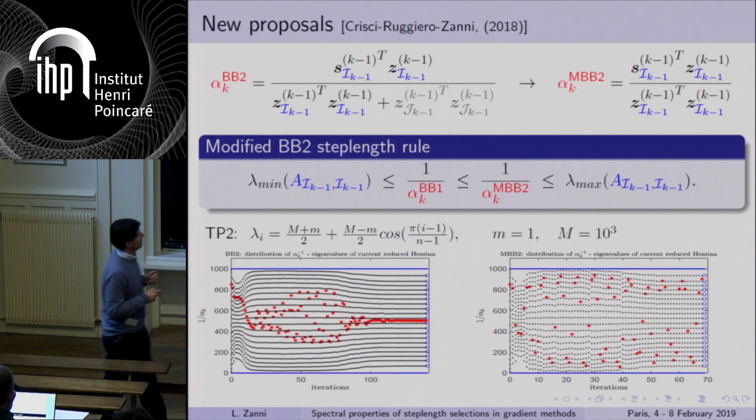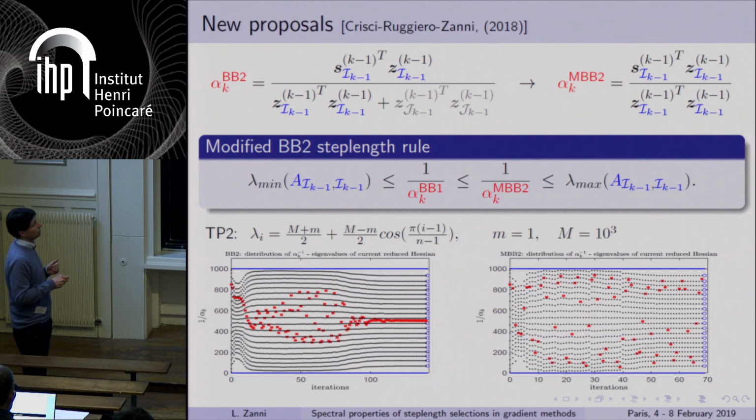Okay? Then we have that also the second rule is able to sweep within the spectrum of the inverse of the reduced Hessian matrix. And the second rule, at each iteration, provides values that are smaller than the first rule.